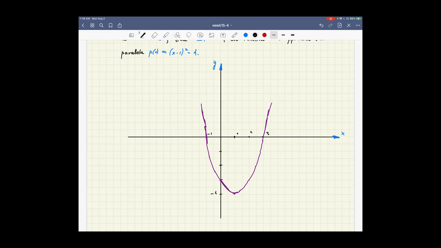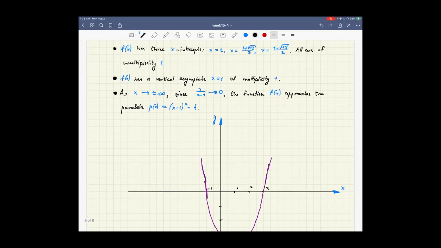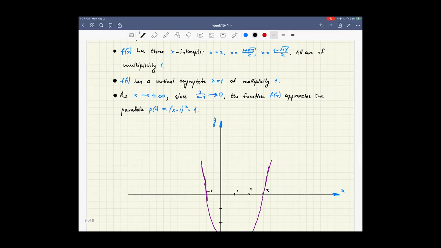Now, where is our function? So roots of our function are 2, and so 2 is here, and 1 plus root 13 over 2. Where is that? So this number is negative. This number is positive. I want to know how 2 and this other number, 1 plus root 13 over 2, compare?